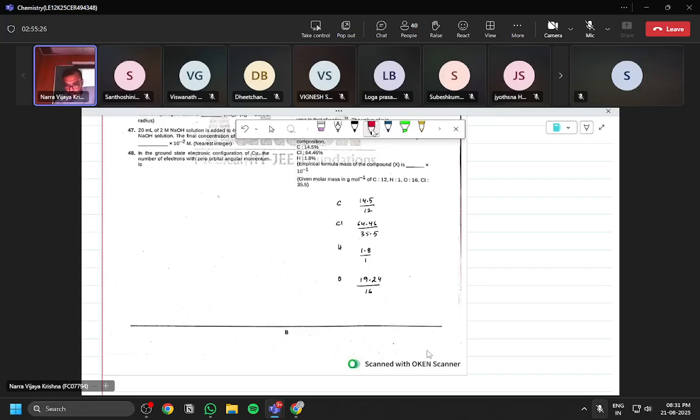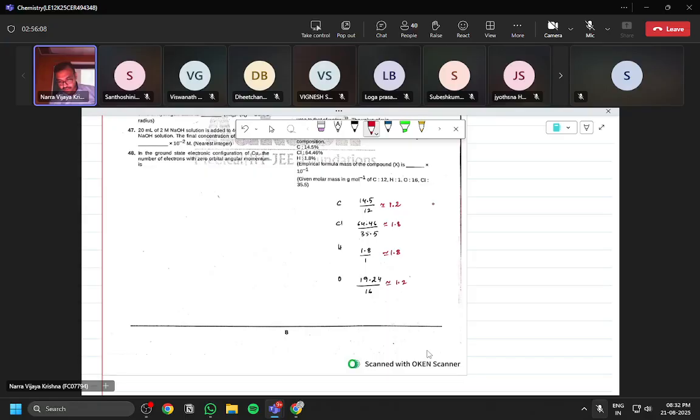Now 12, 1 point something. 12 ones are 12. How much left? 2.5. So 12 twos are 24. So approximately 1.2. This one approximately 1.8. Divide all of them by the smallest value, 1.2.